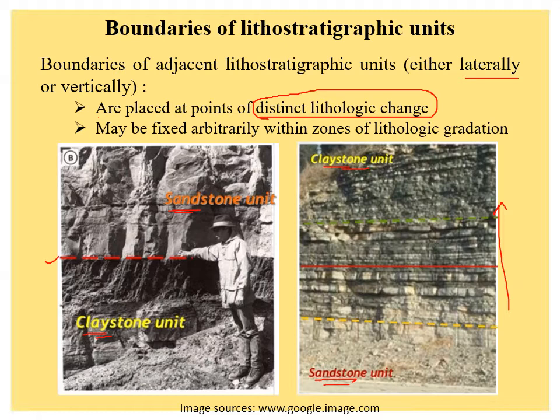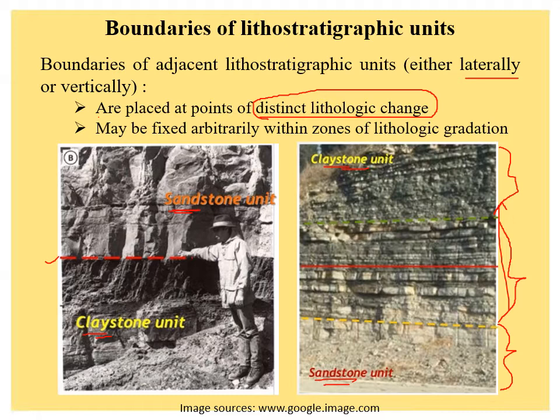So here you can plot simply one boundary. You can see that the upper portion is mainly dominated by clay, and the lower portion is mainly dominated by sand. Almost in this portion there is no clay, and in this portion no sand. So in the middle portion there lies a portion which is basically a 50-50 proportion, almost 50% sand and 50% clay rich.